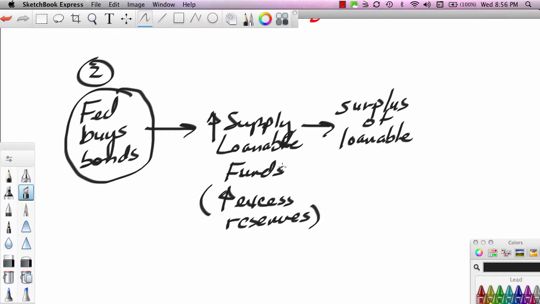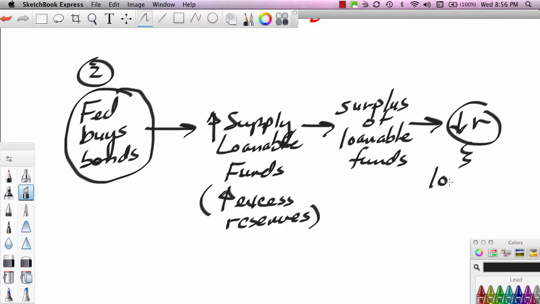So when the Fed increases the level of excess reserves in the banking system, it has effectively increased the supply of loanable funds, creating a surplus. What's that going to do? That's going to push down the interest rate on loans.